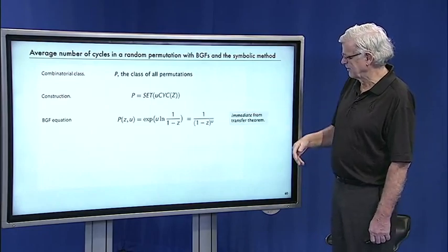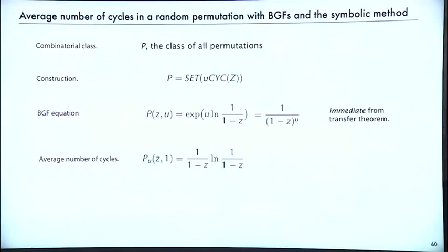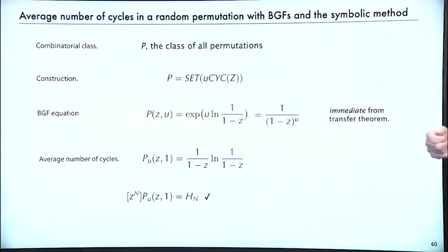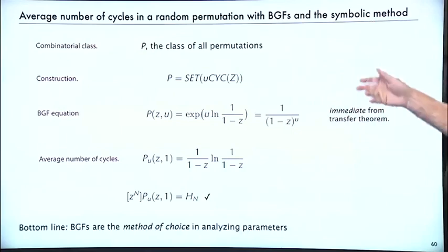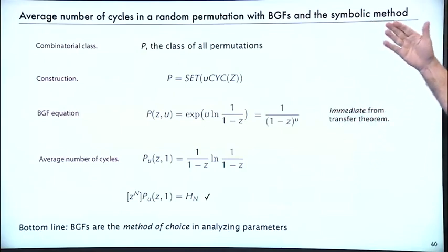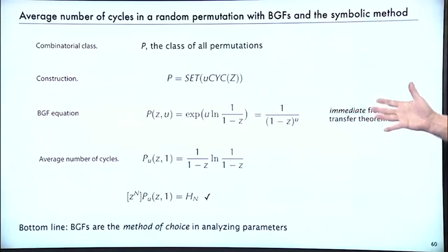So immediate from the transfer theorem to there, and then immediate derivative evaluated at u equals 1, which immediately gives the harmonic numbers. So derivations of this simplicity, replacing the ones we've been doing, is really persuasive evidence, persuasive bottom line, that BGFs and the symbolic method are the method of choice in analyzing parameters.